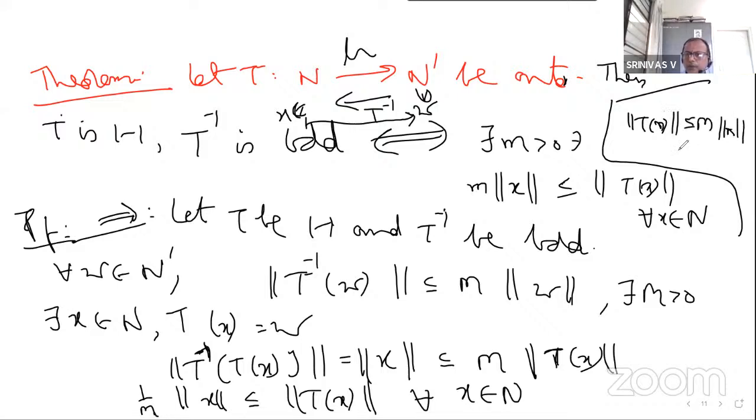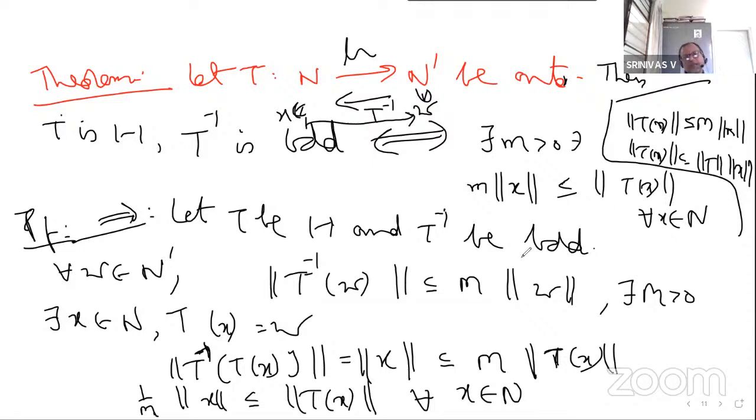When T is bounded, you have this. In fact, you can replace M by norm T, so norm T of x is less than or equal to norm T times norm x. This speaks about the upper bound of norm Tx, and this speaks about the lower bound of norm Tx. That should be kept in mind.